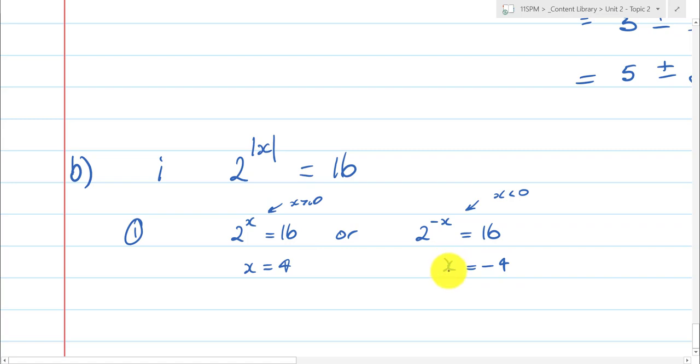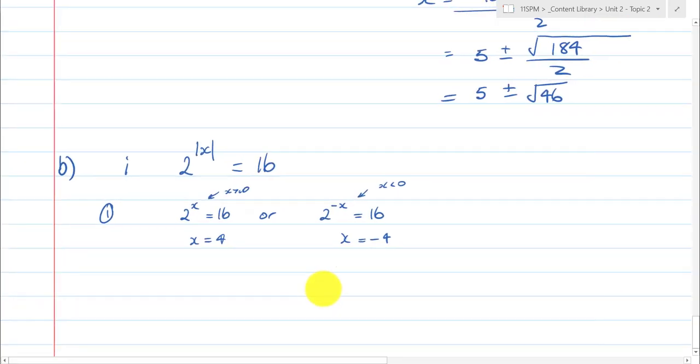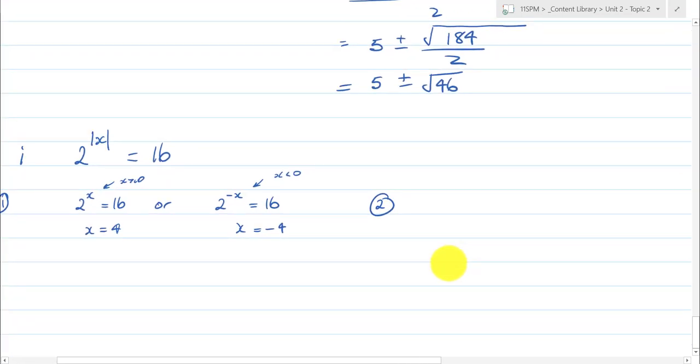The other way I could do this, method 2, is I could get 2 to the power of modulus x equals 16, rearrange it to get the modulus thing by itself. So I'd now write that down as the modulus of x equals log base 2 of 16, which equals 4.